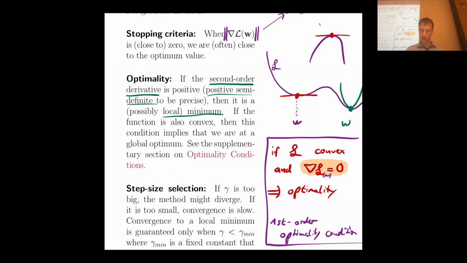So that means you're not in this case here, because here the curvature will be negative. We are something like this here, which is good. So that's what the second order optimality condition means.